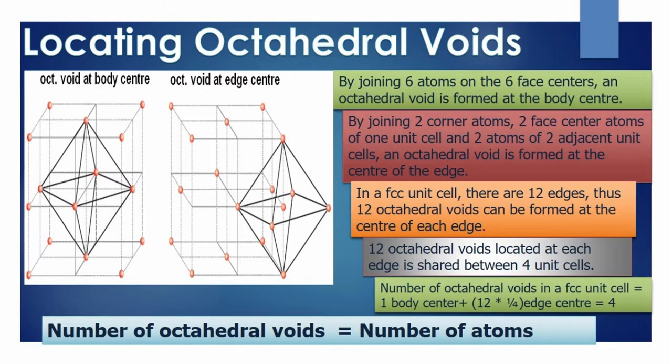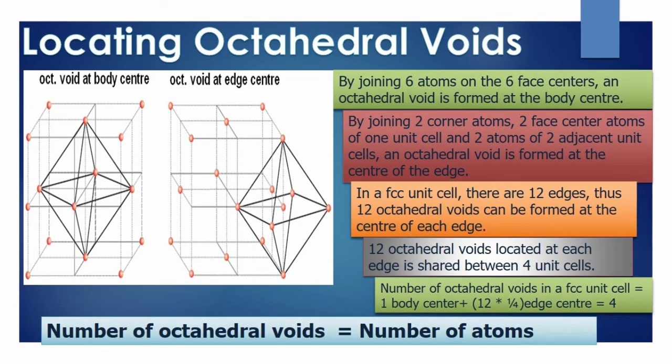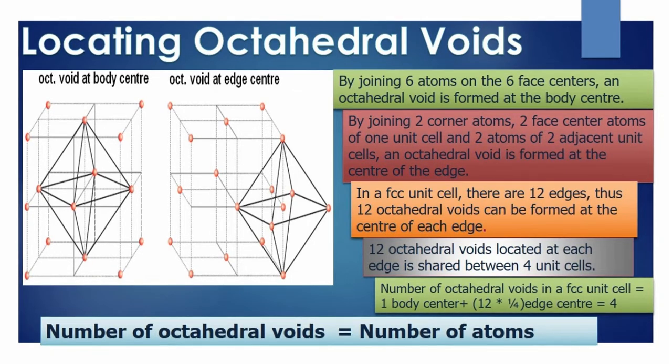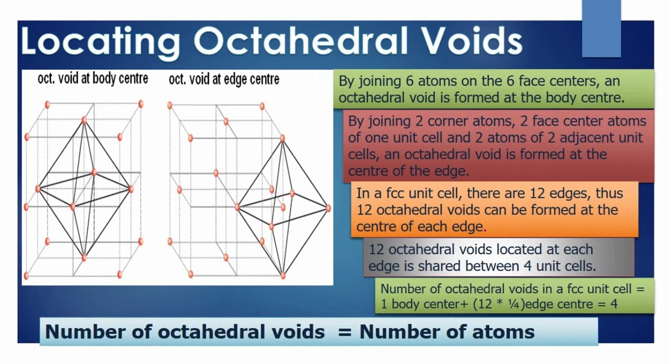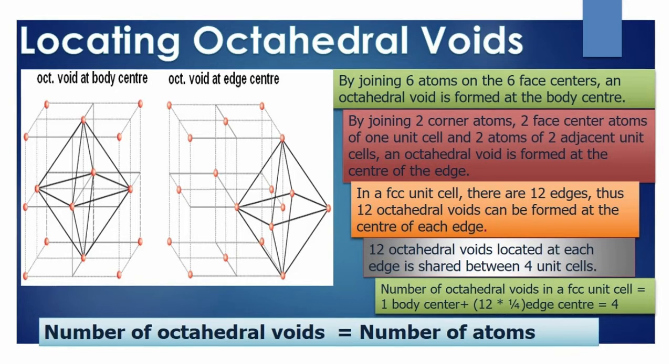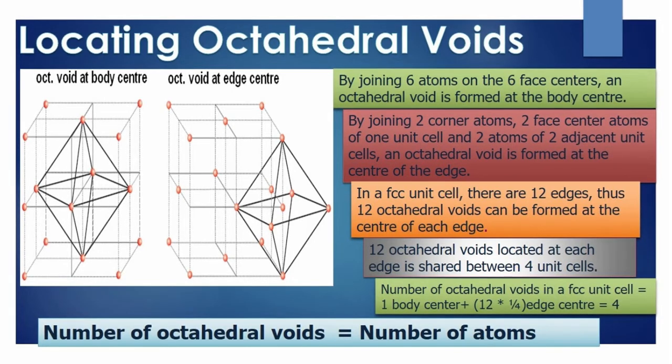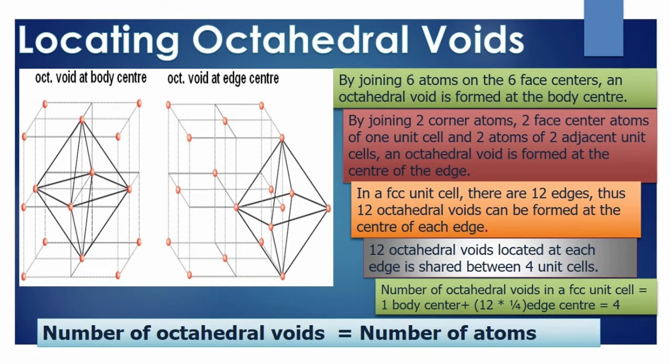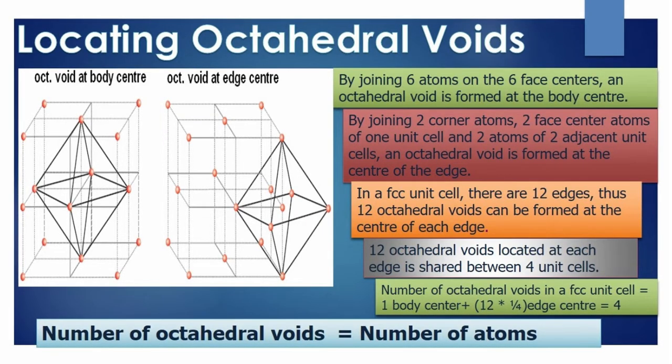Let's see how the octahedral void is formed at the body center. When you join 6 atoms on the 6 face centers, an octahedral void will be formed at the body center. This is shown in figure 1. This octahedral void at the body center belongs exclusively to that unit cell. It will not be shared with any other unit cell.